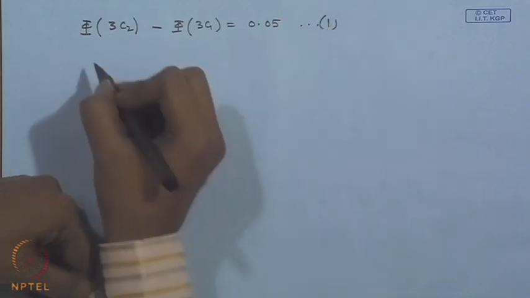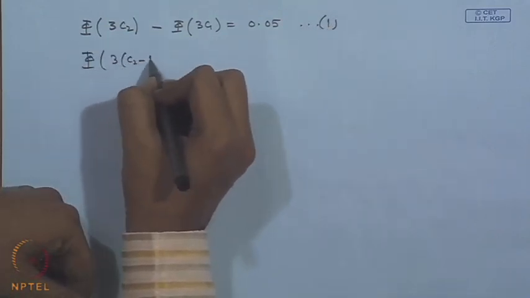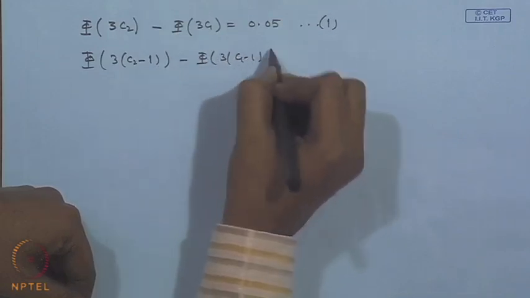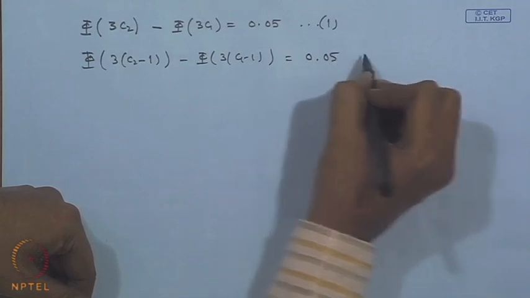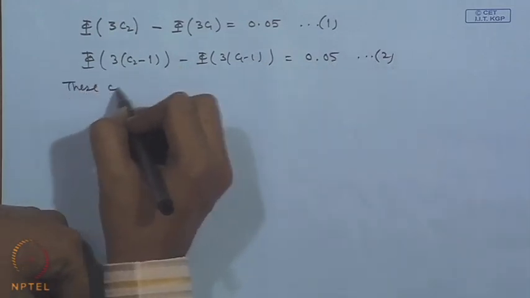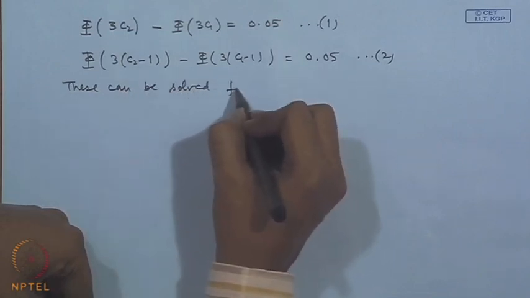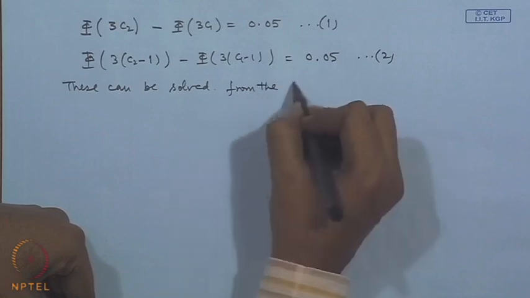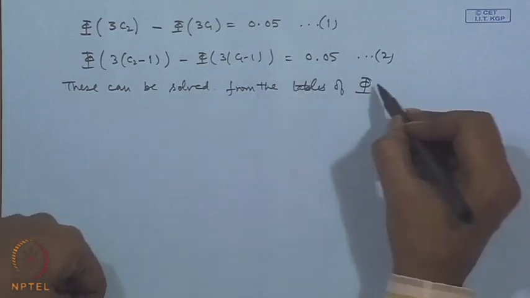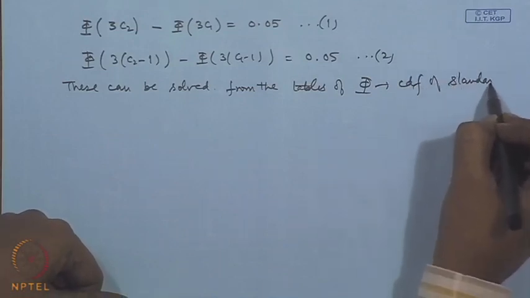That will be one equation, and the other equation will become phi of 3 into (C2 minus 1) minus phi of 3 into (C1 minus 1) is equal to 0.05. These can be solved from the tables of the capital phi function. This is the CDF of the standard normal distribution that we have been using.